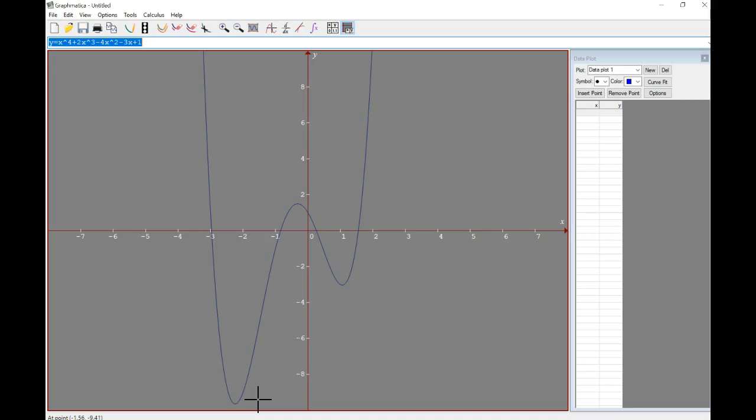How many intervals do you see that are decreasing? 2. So there's this section here, and then this section there, and then there's 2 that are increasing, right? There's this section here, and then there's this section there.